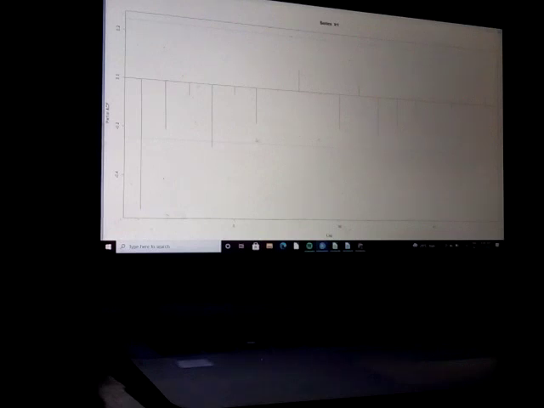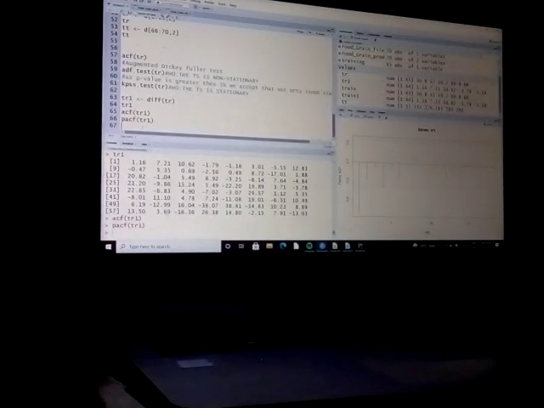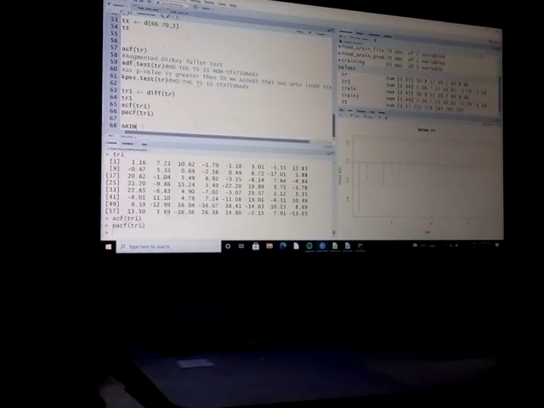So now we are ready with the parameters. Like in ARIMA, P stands for autoregressive, D stands for differencing, that is the integration factor, and Q stands for the order of moving average.